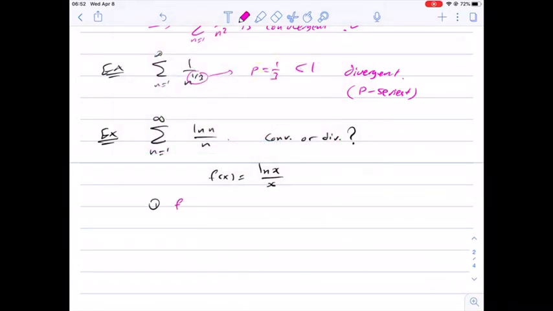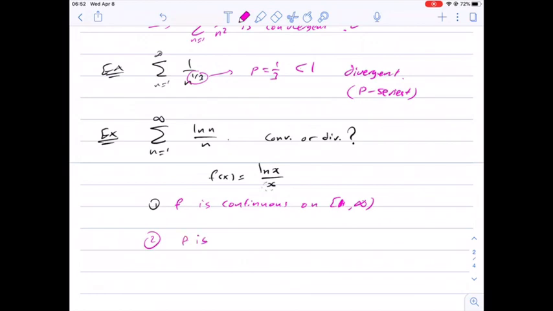The first condition is that f is continuous on the interval a to infinity, and this is true. This is continuous for any value greater than, for example, 1.